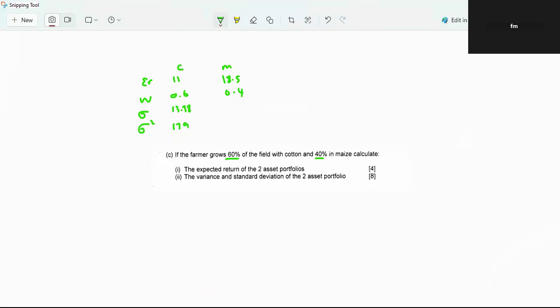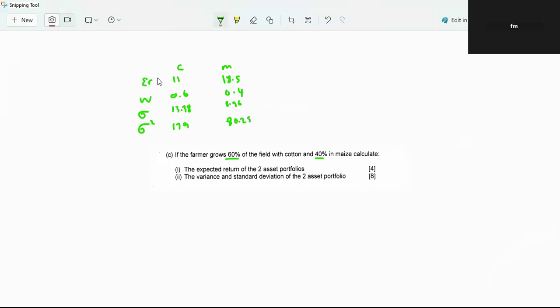Then we went to our maize. The standard deviation was 8.96, and 80.25 was the variance.